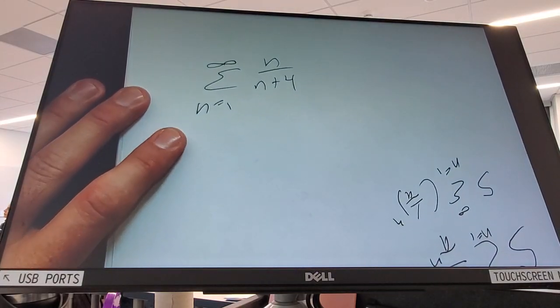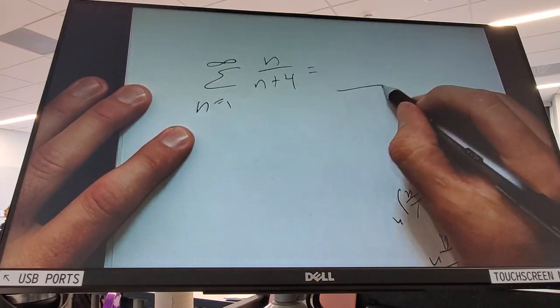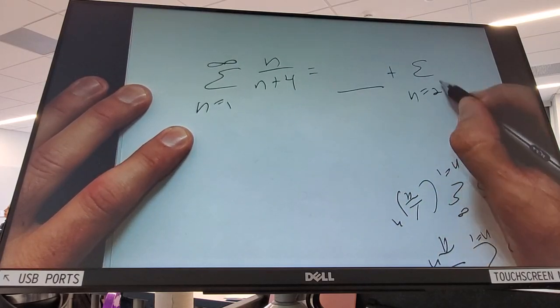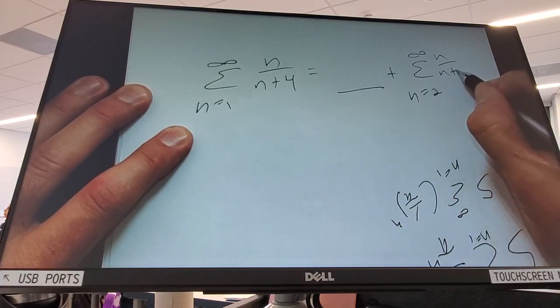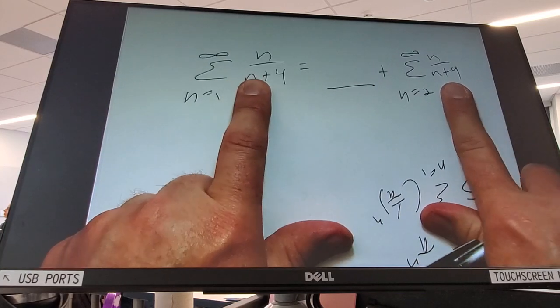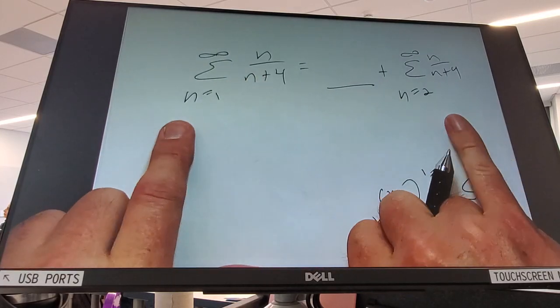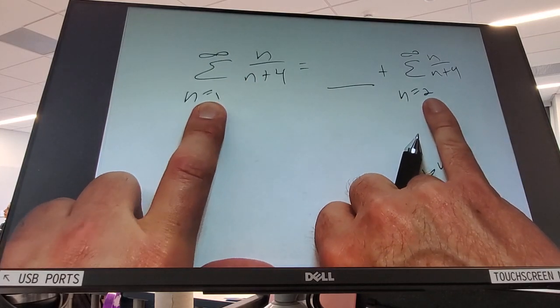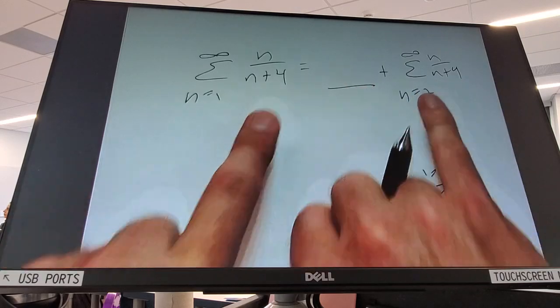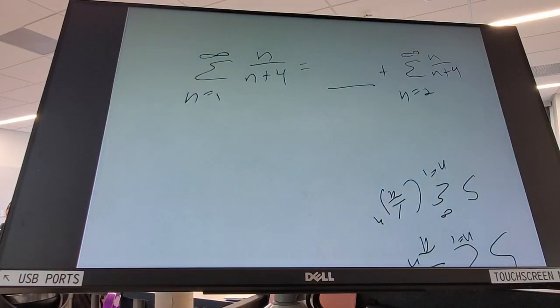Yes? How can I make it this? Did I change the function? Nope. What has changed? The index. So I didn't change the function. I didn't change the function. So how could I do this?